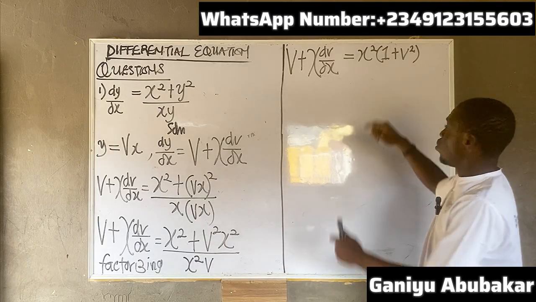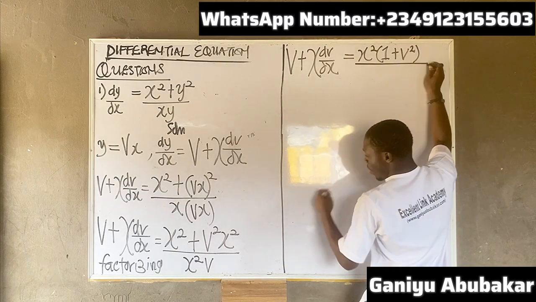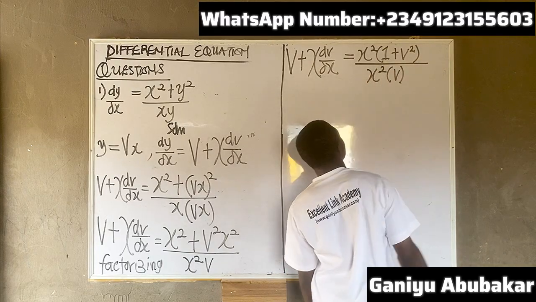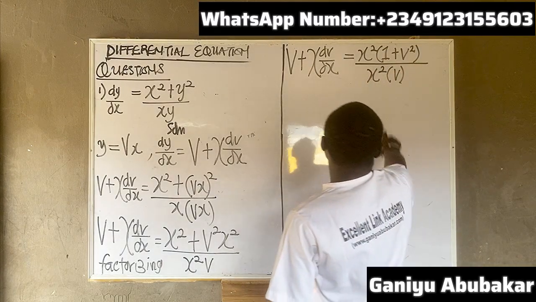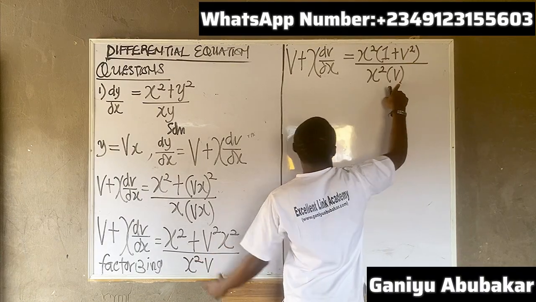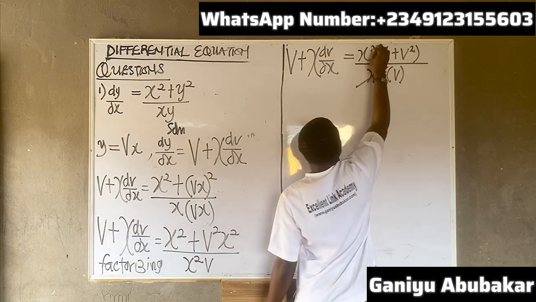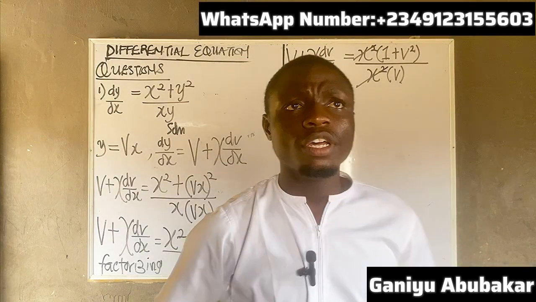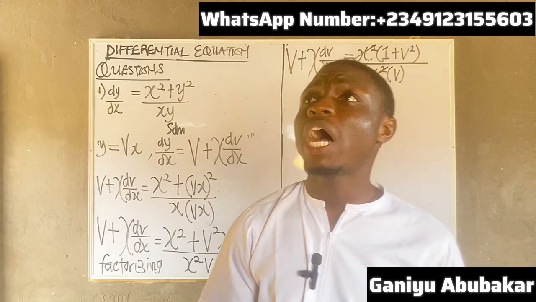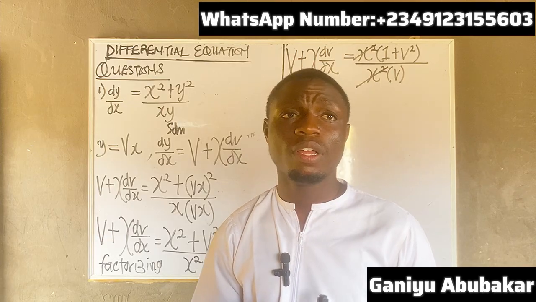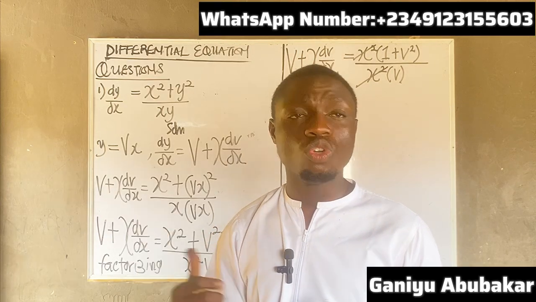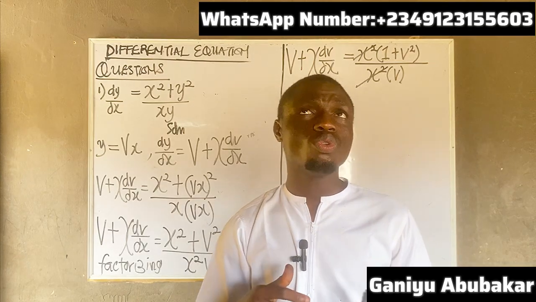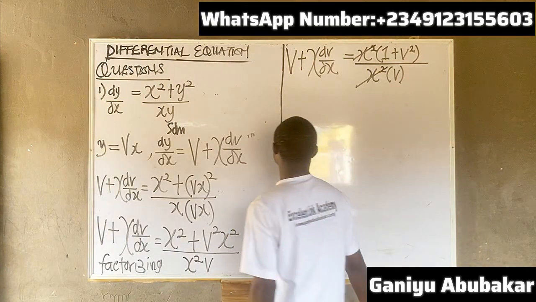So I factorize the numerator, all over x squared into v. x squared times v, the same thing as x squared v. What do you observe? This will cancel this. So for problems of this nature, you always factorize and it will sometimes cancel out. This is what you should look forward to while solving this problem.